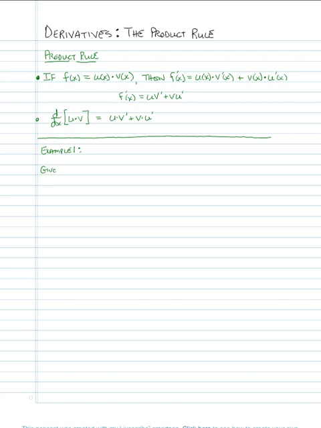Given that y is equal to the product of 3x squared minus 2x and 4x plus 5, then we are to find the derivative of y with respect to x. That's just the derivative. Now here it's easy to imagine that we actually have a product of two binomials.